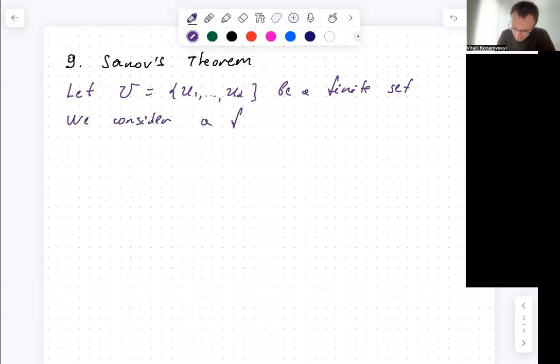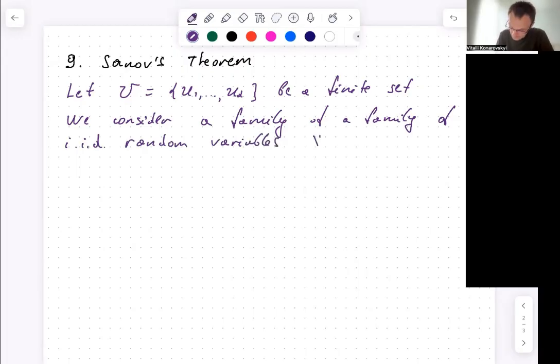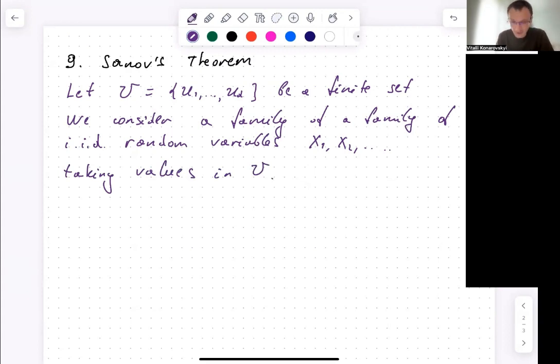And also we consider a family of independent, identically distributed random variables x1, x2, and so on, taking values in U for every n.